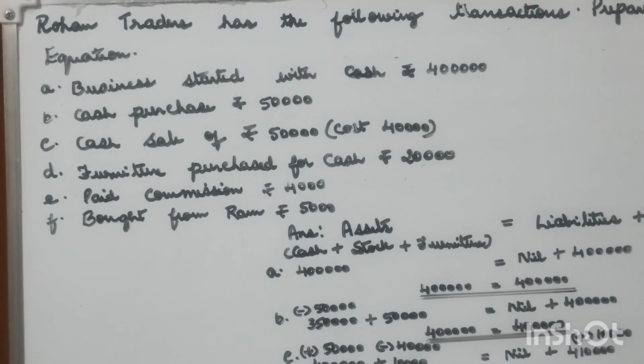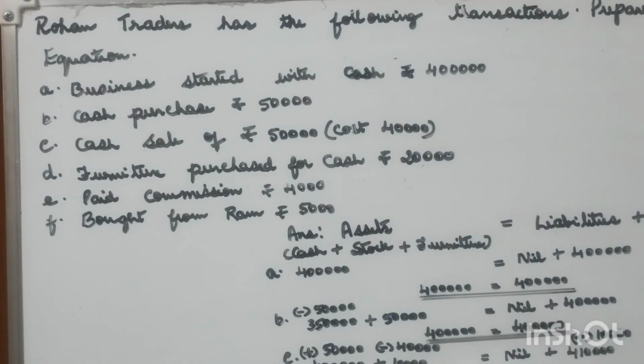Transactions are: A, business started with cash, rupees 4 lakh. B, cash purchases, rupees 50,000. C, cash sales, 50,000. Cost of the goods, 40,000. D, furniture purchased for cash, 20,000.